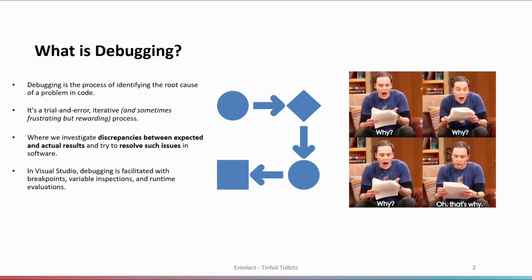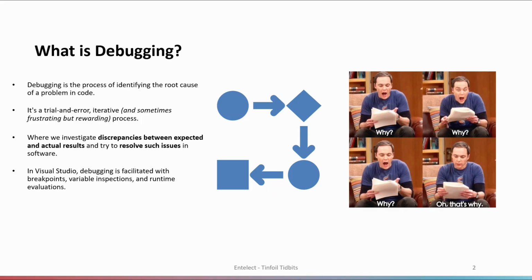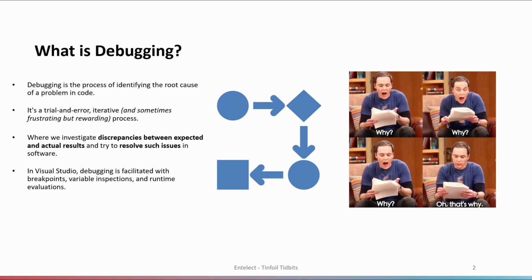It can be described best as an iterative process where you keep going down a path until you have a clue or a bunch of clues leading you in the right direction. Essentially, it's where we investigate discrepancies between our expected and actual results of the code, whether it's calculations or expected UI behavior within an application, and try to resolve such issues in the software.